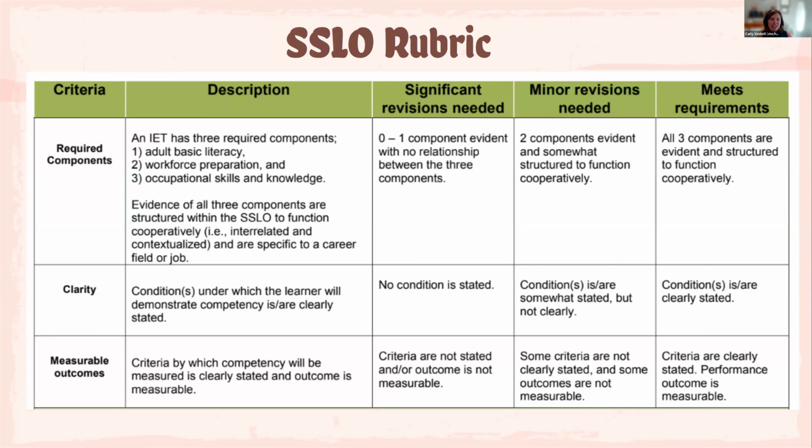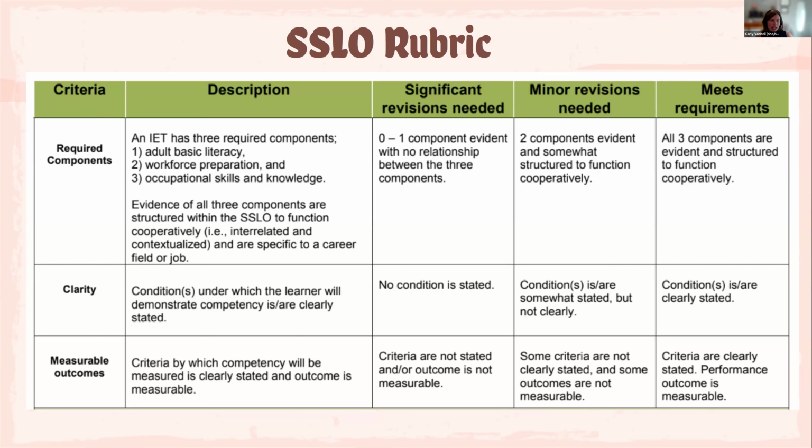There's got to be adult basic literacy, workforce preparation, and occupational skills and knowledge. And it's not enough to just have them, they need to be interconnected and contextualized. So again, you're not going to have one SSLO that's focused on literacy and one on workforce prep. They're going to be together.